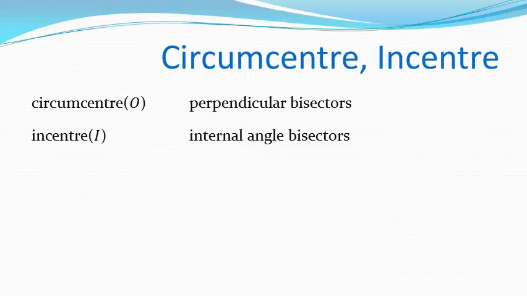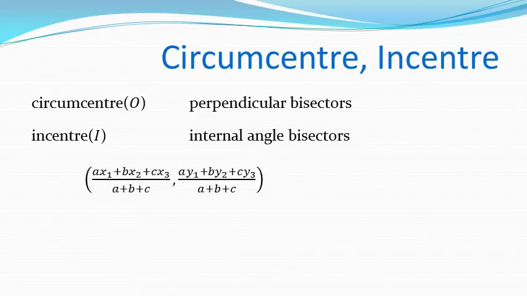The incentre is the point where the three angle bisectors of a triangle meet, and the incentre has the property that its perpendicular distance from the three sides of a triangle are equal. The formula for the incentre is given over here, but this formula is not used very much.